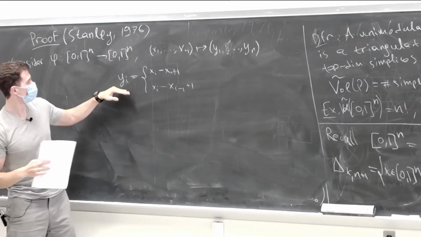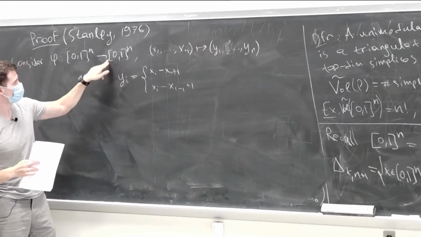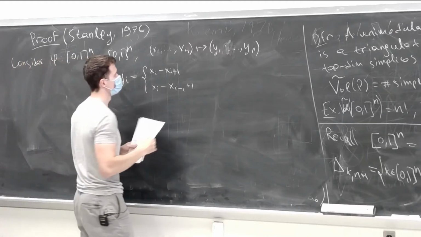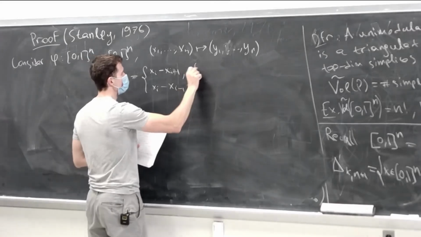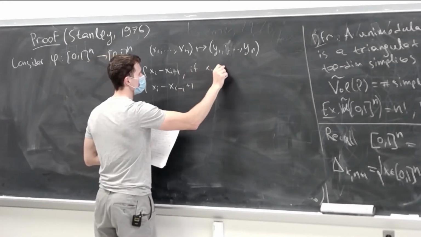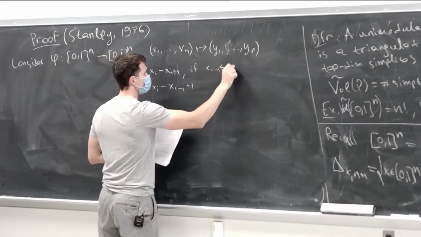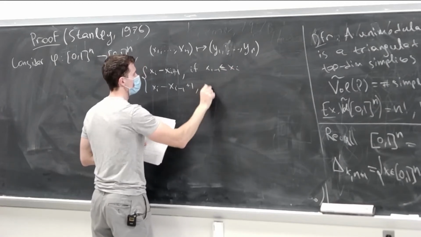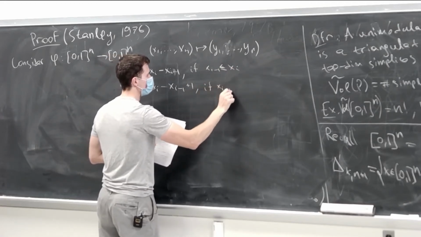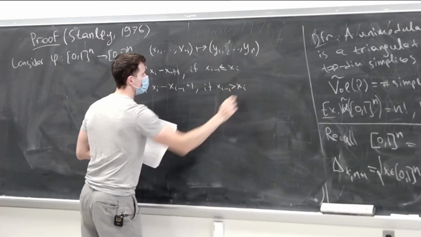Yeah, I want the result to be between 0 and 1. So the first happens if x(i minus 1) is less than or equal to xi, and the second happens if x(i minus 1) is strictly bigger than xi.